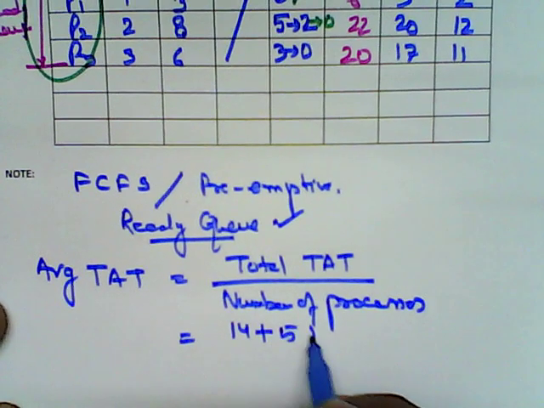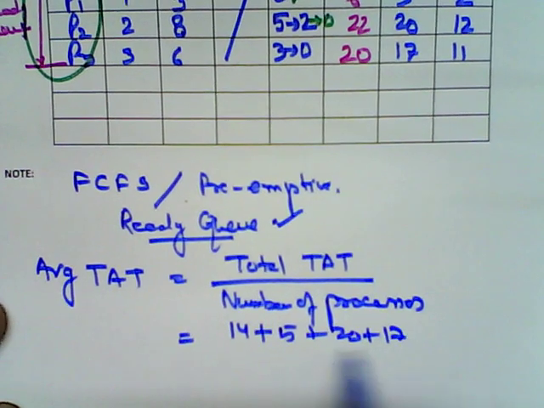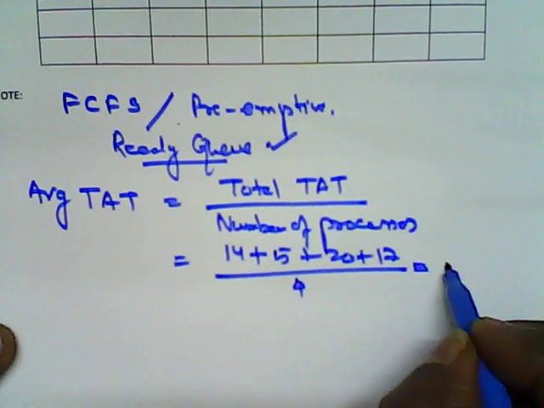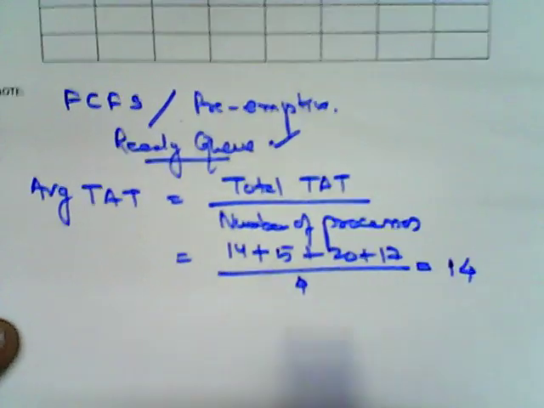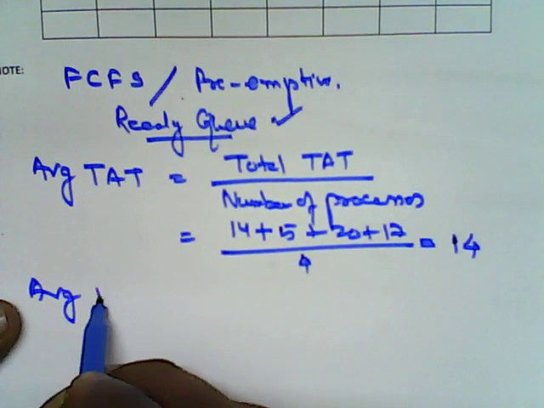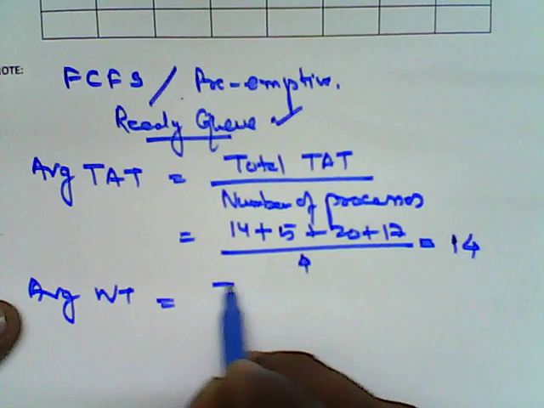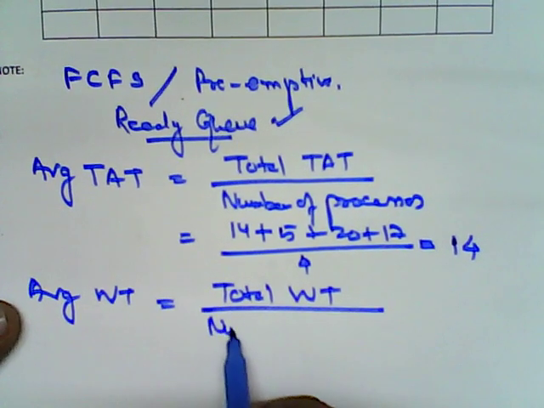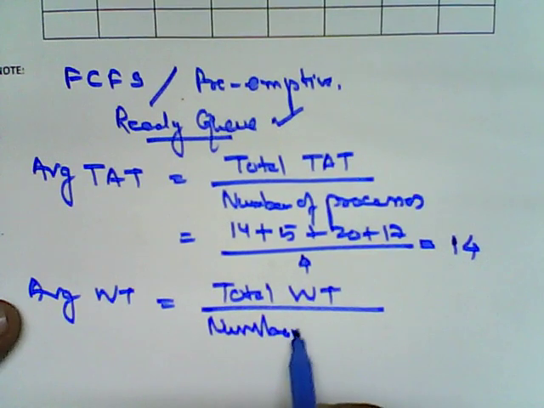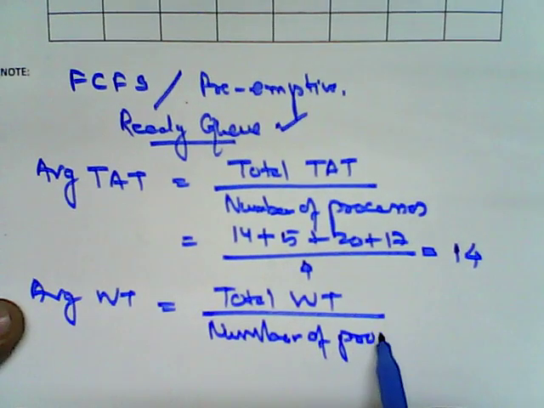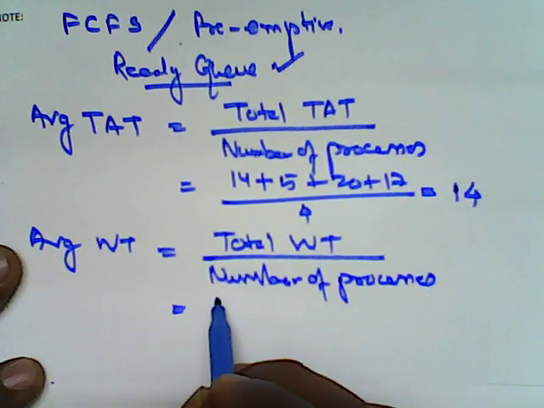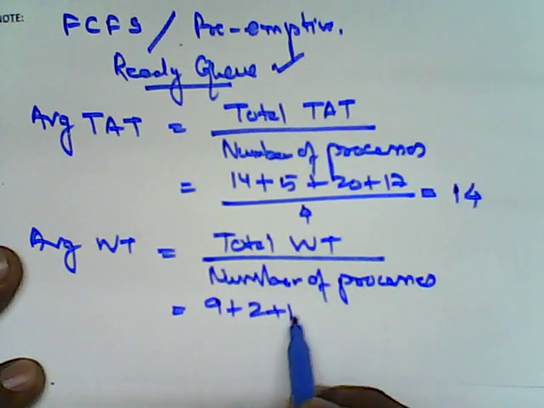So this will give you around 14. Average waiting time is equal to total waiting time divided by number of processes. So that is equal to 9 plus 2 plus 12 plus 11 divided by 4. So that will give around 8.5.